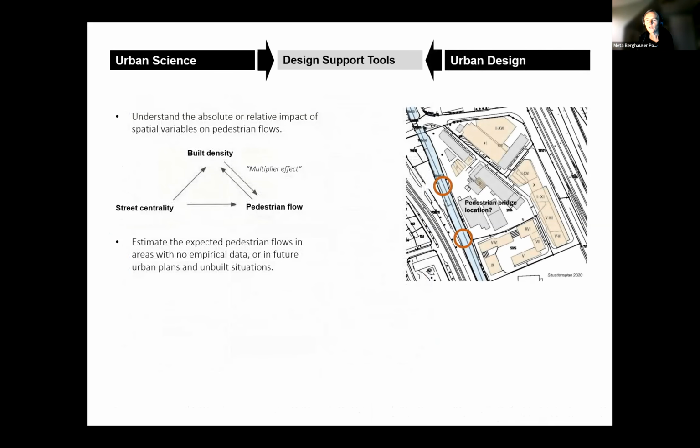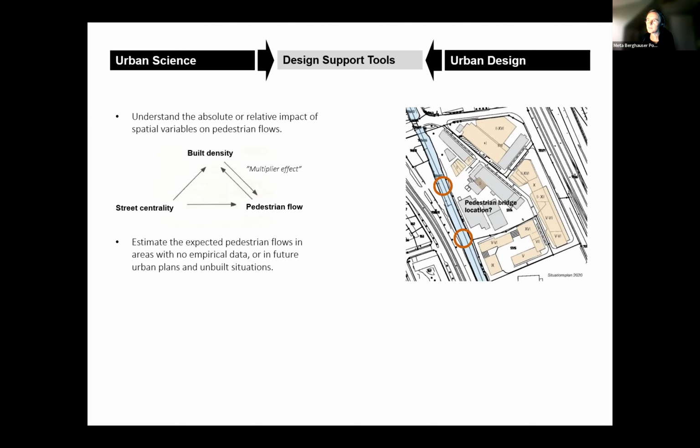Now we come to the question, okay, having said all this, this is just informing urban design in a way. It's not giving them a tool to assess what they are doing. And that means if we want to do that, we actually have to go one step further. So we don't want to have explanatory models. We want to have predictive models.